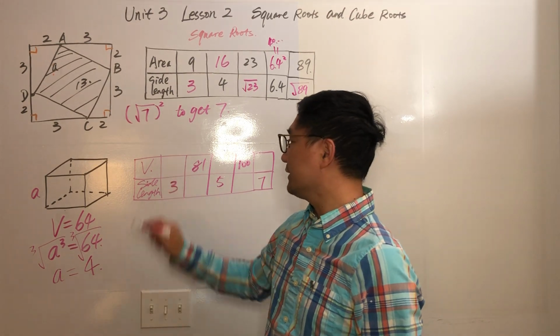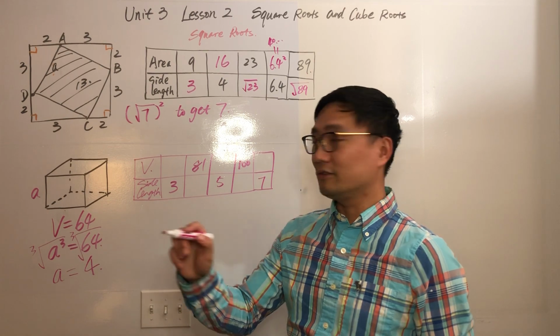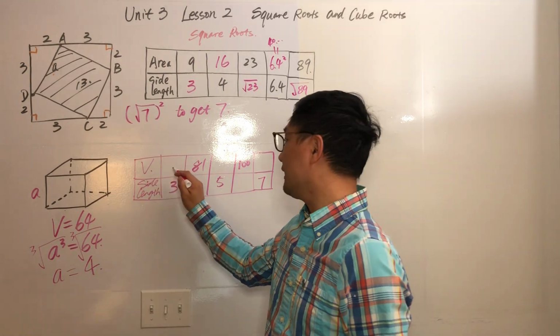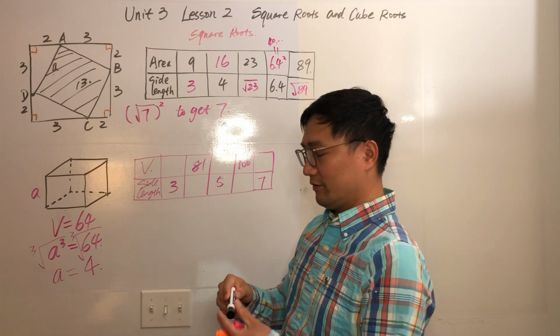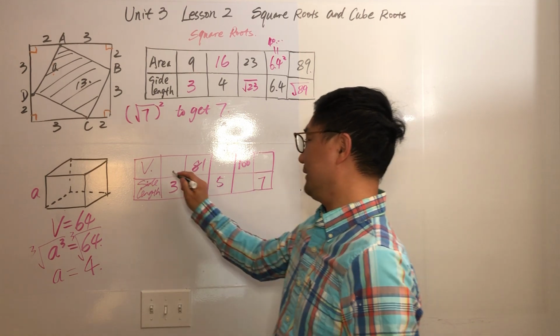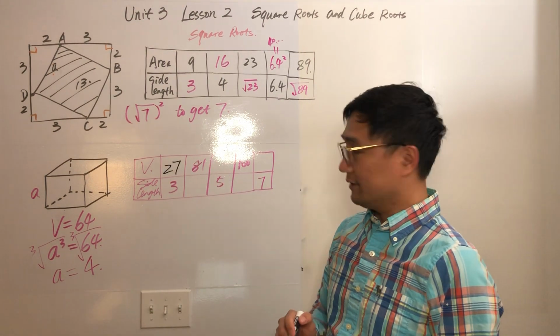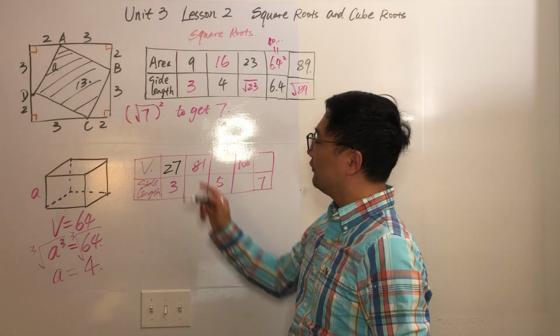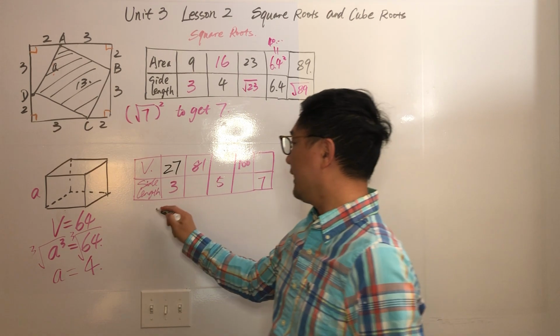What is 3 to the third power? It is 27, right? You can use a calculator, or if you understand it, just write 27 here. Now if the volume is 81, how can we get the side length A?